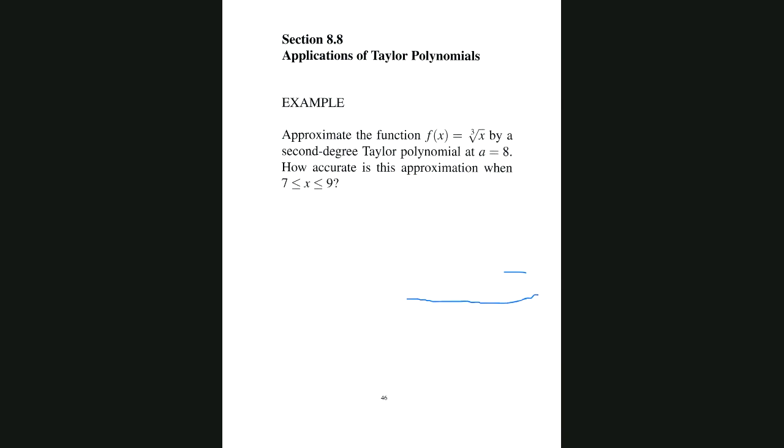Now, of course, if you have an alternating series, then you can find out how many terms you need to get to a certain level of accuracy by the alternating series estimation theorem. But if you don't have an alternating series, how are you going to determine accuracy?